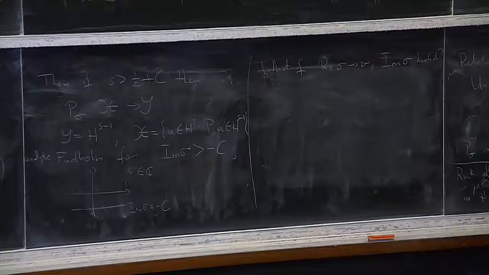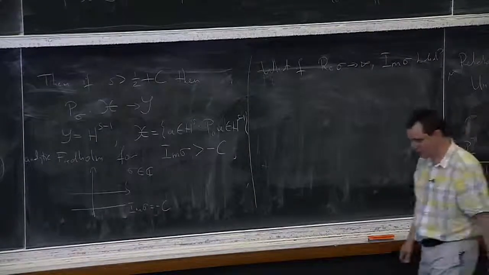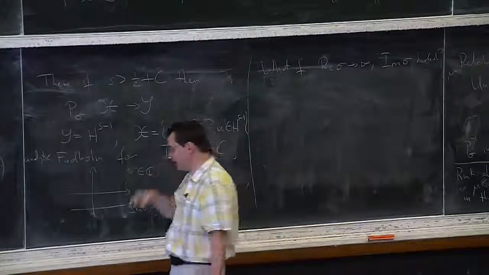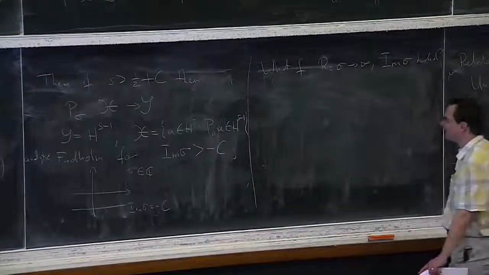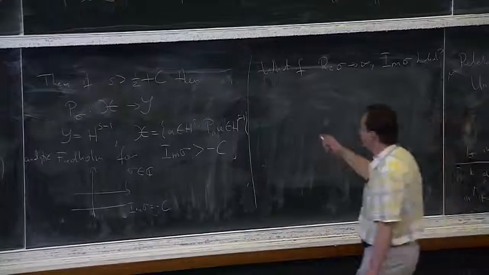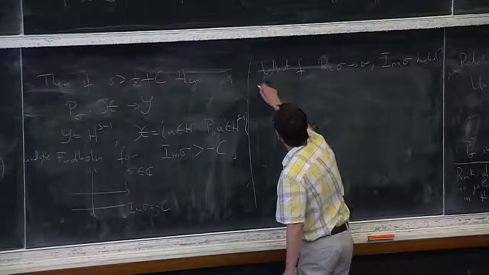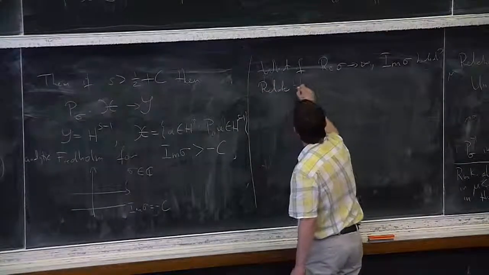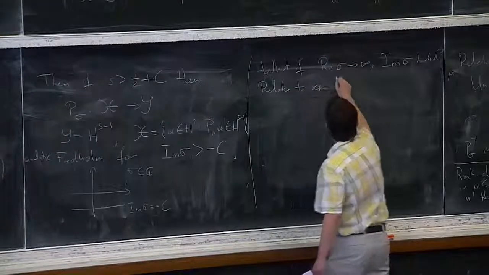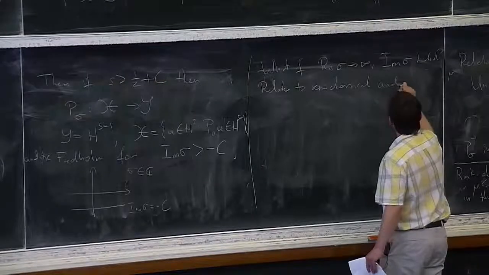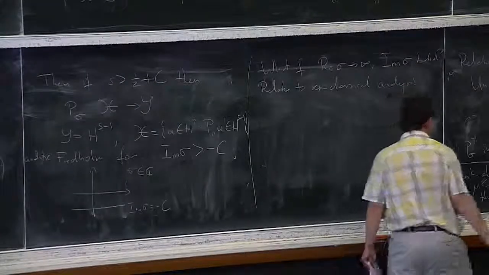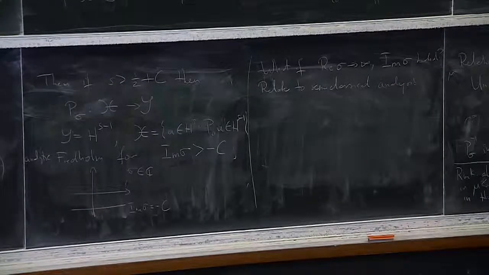I originally planned to spend more time on this, but clearly I won't. What about this limit? This relates to semi-classical problems. Semi-classical analysis. Why? Because we have this, I erased my operator.